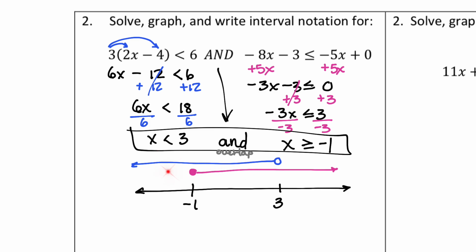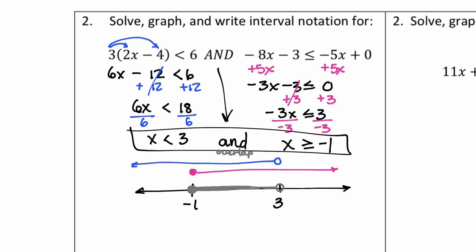Over here doesn't count because there's no pink part here. And over here doesn't count because there's no blue part. So when we drop that down, it's basically closed circle at the pink one, open circle at the blue one, and everything in between.